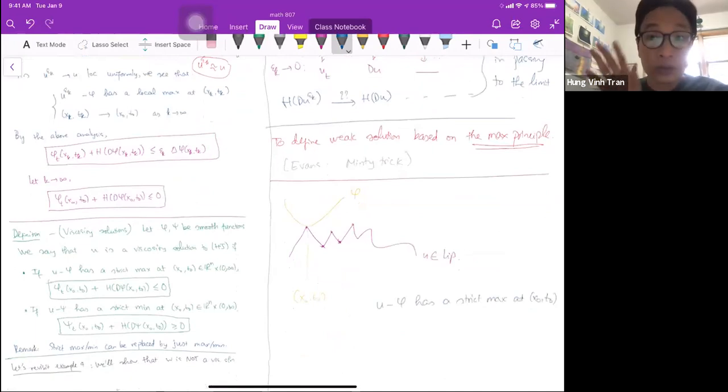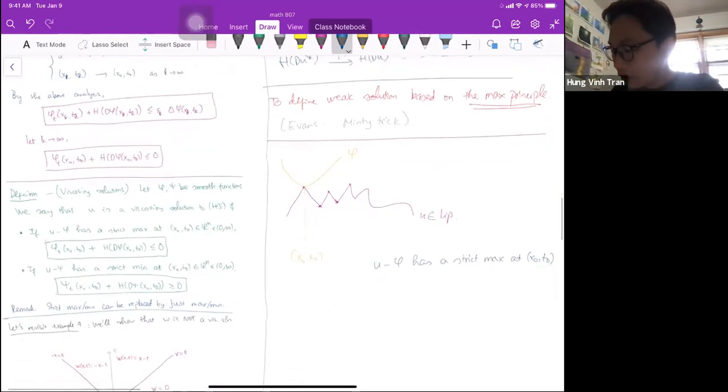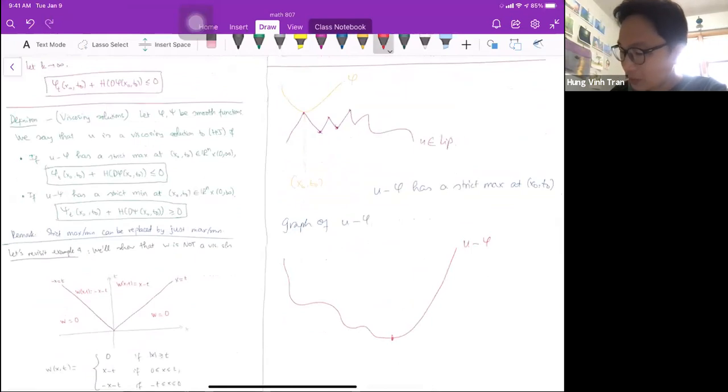There are two ways for you to visualize this picture. The first way is to look at u and phi separately like this, and geometrically that means that phi touches u from above at that point. Or you can also view the whole graph of u minus phi. Roughly speaking, it would be this.